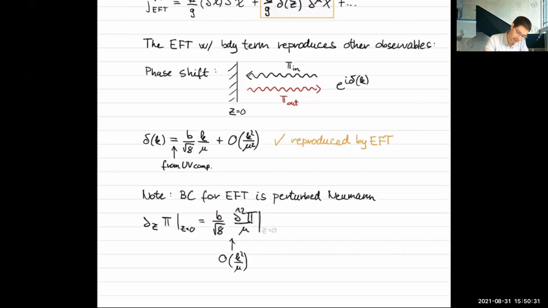So this is what we get. At leading order it's 0, and at subleading order, at order k squared over mu, it's some small thing. So what we learn is that the EFT, no matter what UV boundary condition we put, is basically going to be Neumann plus some small corrections at higher derivative orders.